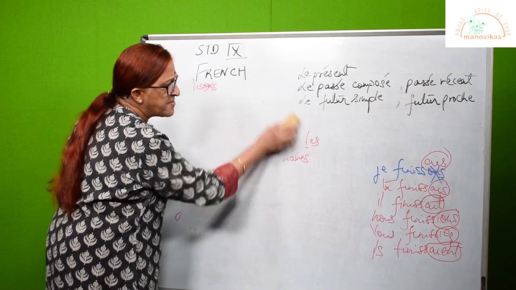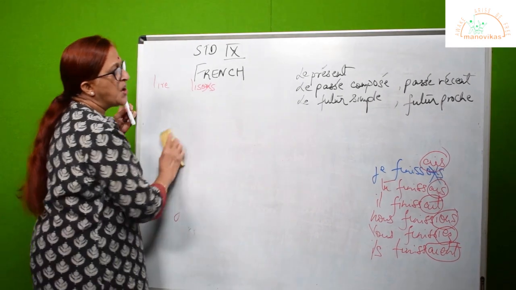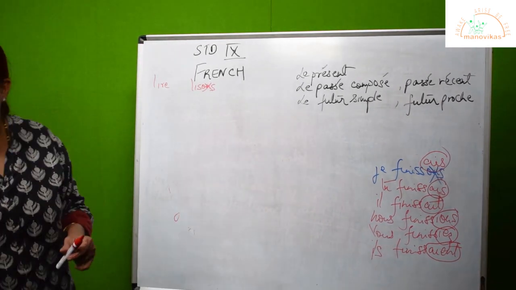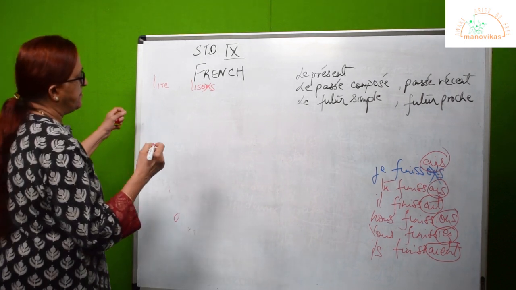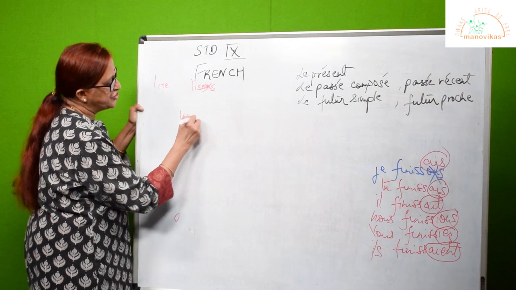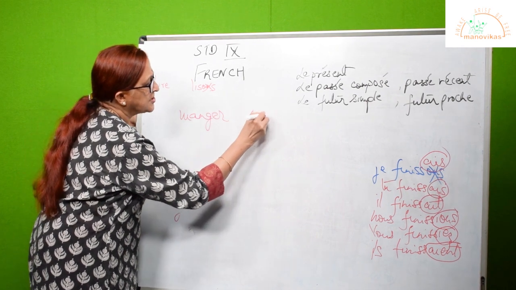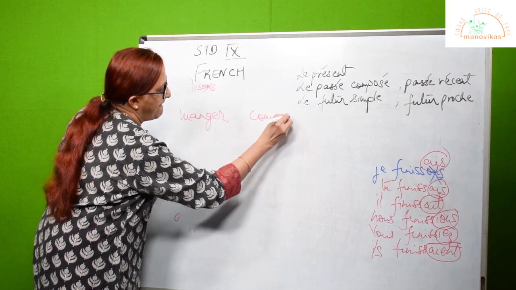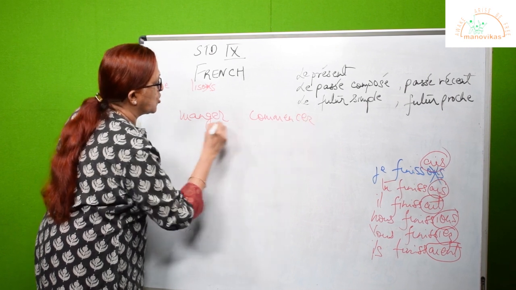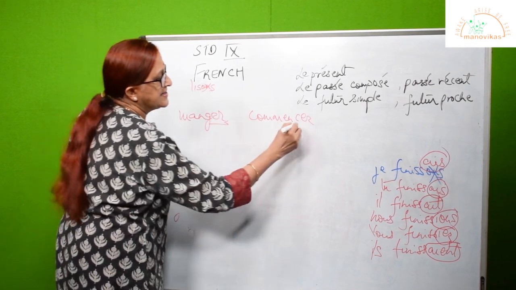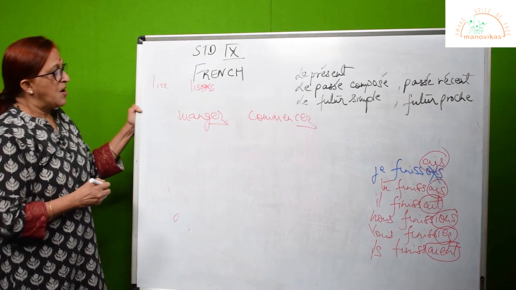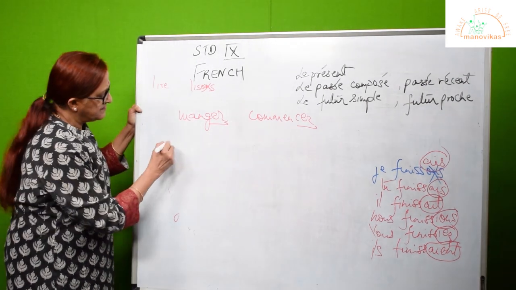Now you have come across certain verbs where the nous forms are different. For example, you know your manger and you know your commencer. Here we are talking of GER verbs and CER verbs. What do you do in the nous form?